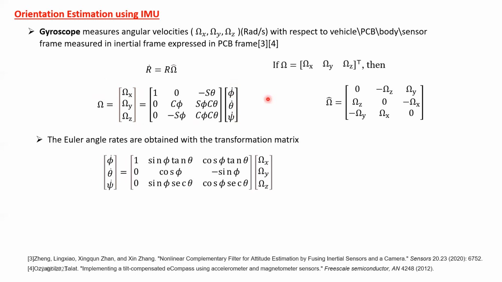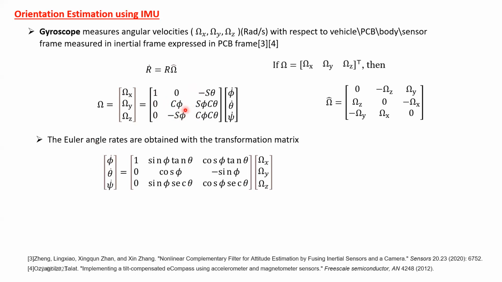To get the Euler angles, first we form the Euler angle rates. To get the Euler angle rates, we need to take the inverse of this rotation matrix, which we usually call the transformation matrix.